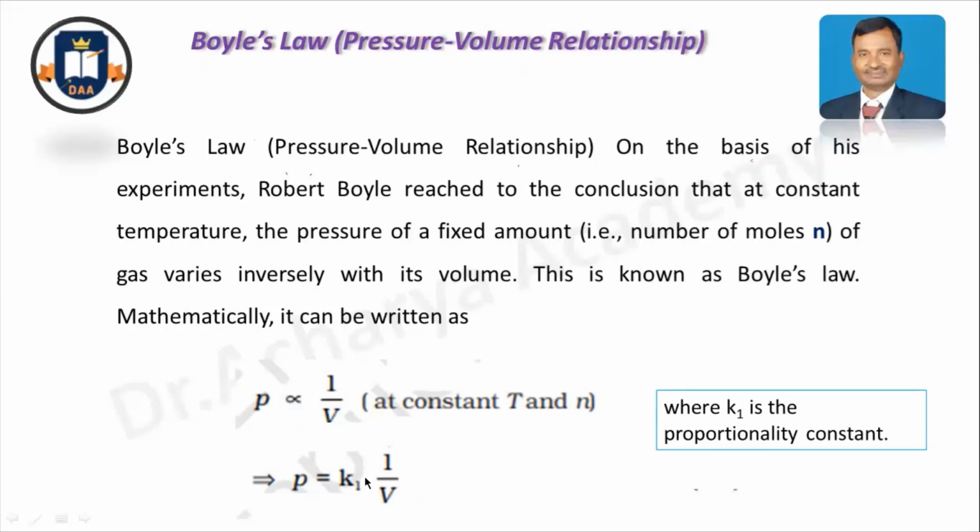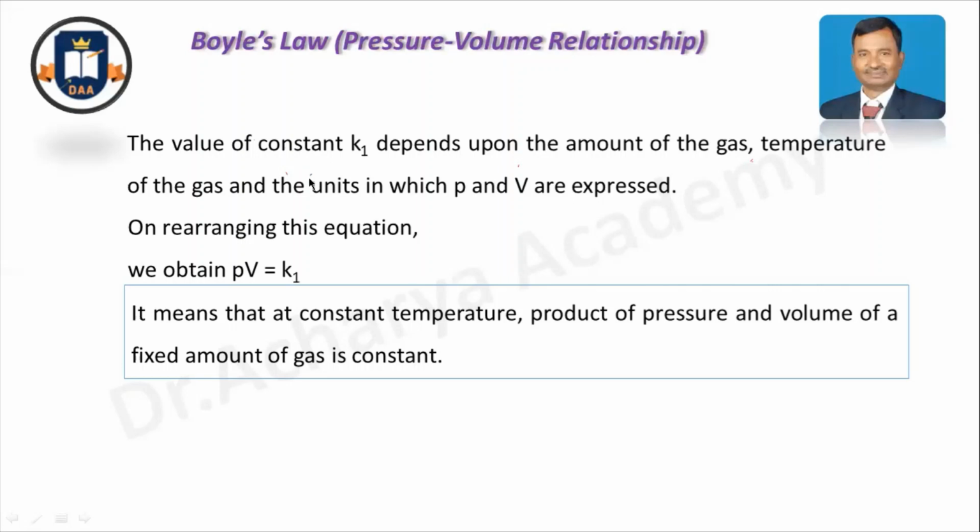Here K1 is the proportionality constant as per mathematical rules. In this equation the constant is K1, small letter k, subscript 1. The value of this K1 depends on the amount of the gas, the temperature of the gas, and the units in which P and V are expressed.